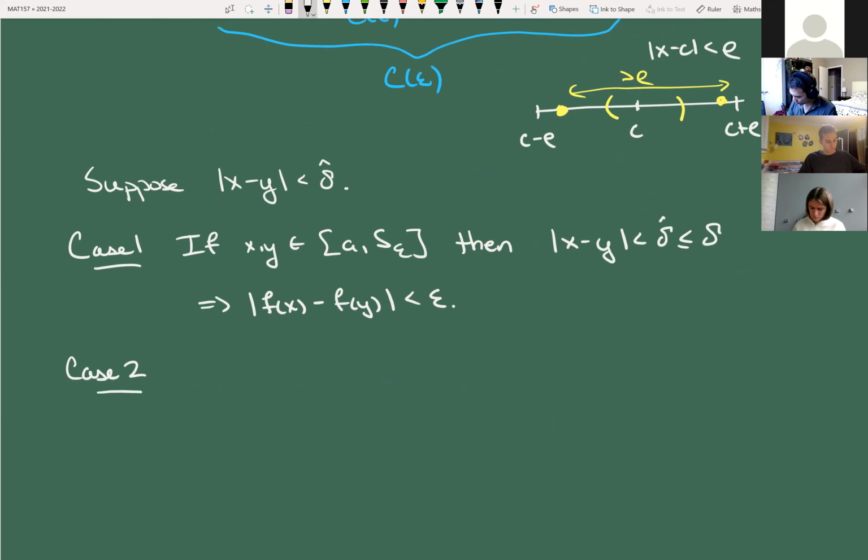Okay, so case 2. So let's suppose that x is in S sub epsilon, and y is not in S sub epsilon. What do I want? Let's use the open interval minus delta.